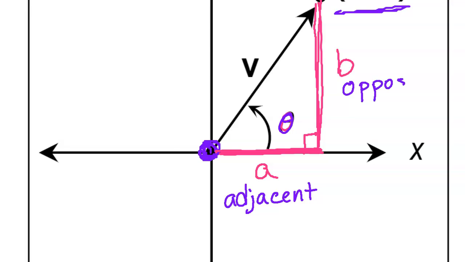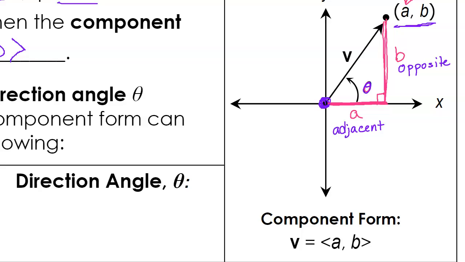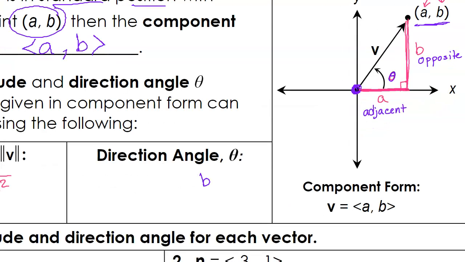Yes. When we have the adjacent side and opposite side, what can we use to solve for an angle? Tangent, yes, tangent, TOA, right? T for tangent, opposite over adjacent. So we know we're using tangent, and tangent is always opposite over adjacent. So that's our b over a. And we're using tangent, but whenever we're solving for an angle, you always use inverse tangent.